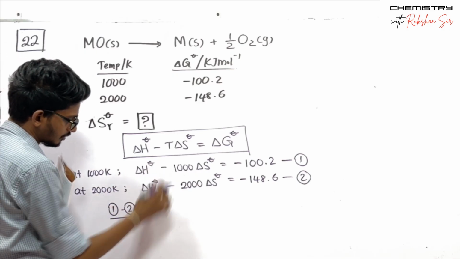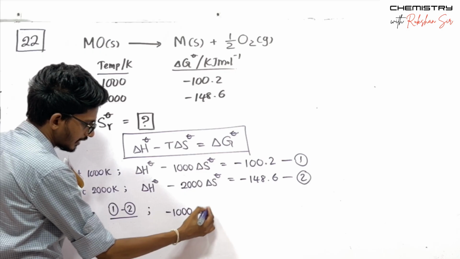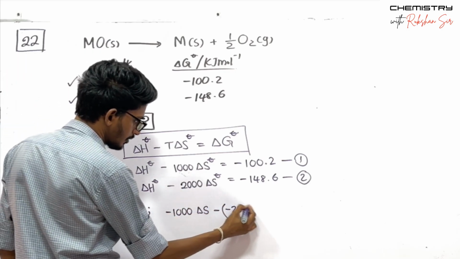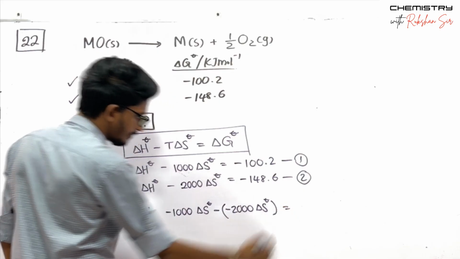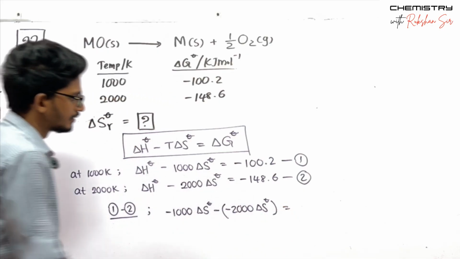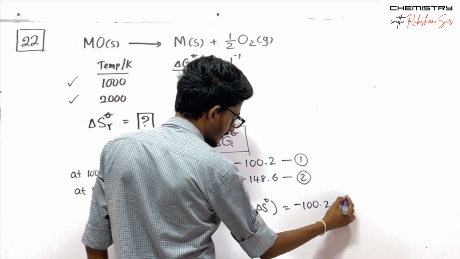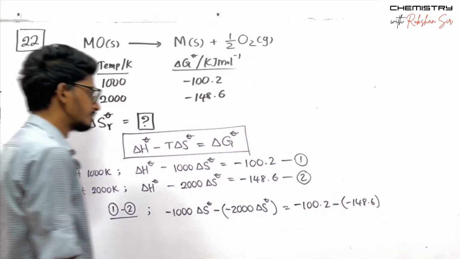So 1 minus 2 means you have 1000 delta S minus 2000 delta S, equal to minus 100.2 minus minus 148.6.